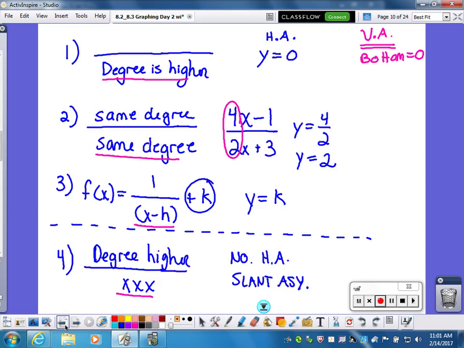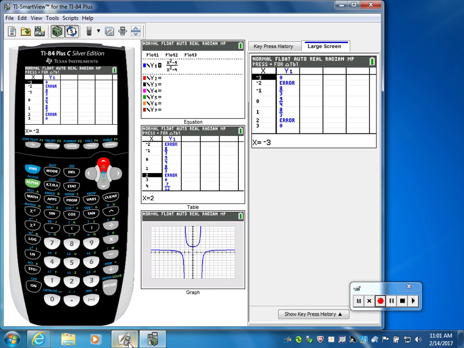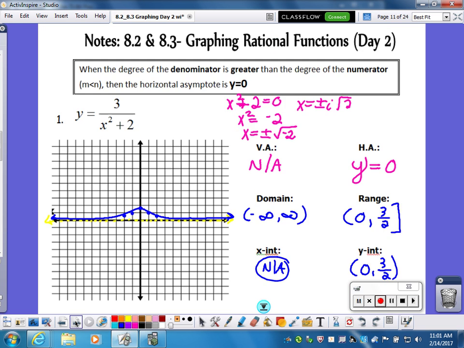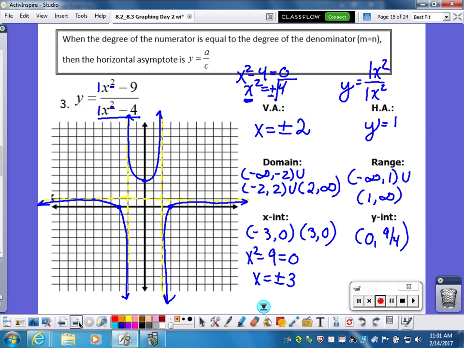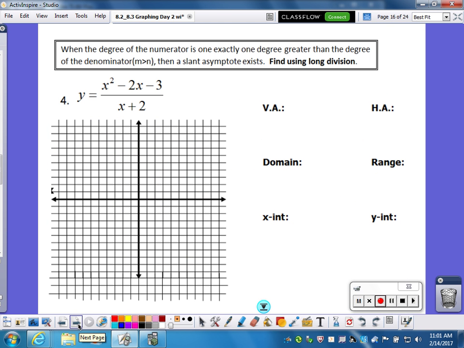That means it's got a slope. So it's a little bit harder to figure out. Let's go back to that number 4 there. So when you see a problem like this, we should probably reference that there is no horizontal. It's going to have a slant. I'm going to show you in a second how to get that slant.